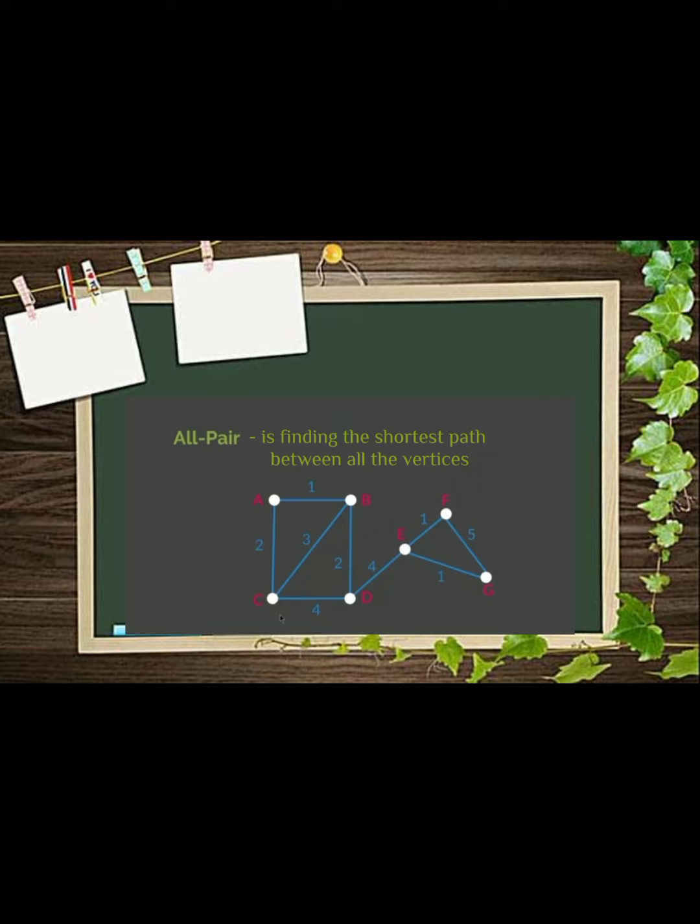So let's say I will find the shortest path between A and C, A and B, A and D, A and E, A and F, and A and G. Then I will find the shortest path between B and C, B and A, B and D, B and E, B and F, and B and G. Then I will find the shortest path between D and B, D and C, D and E, D and F, and D and G, and so forth, until I find the shortest path between all my vertices.